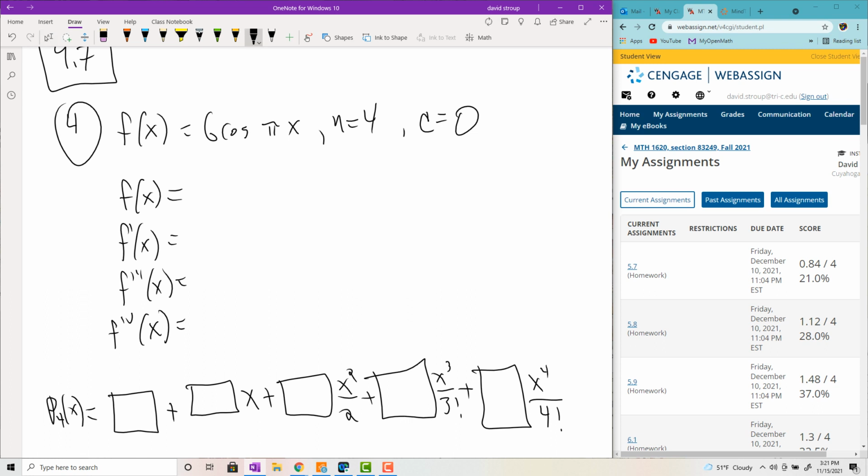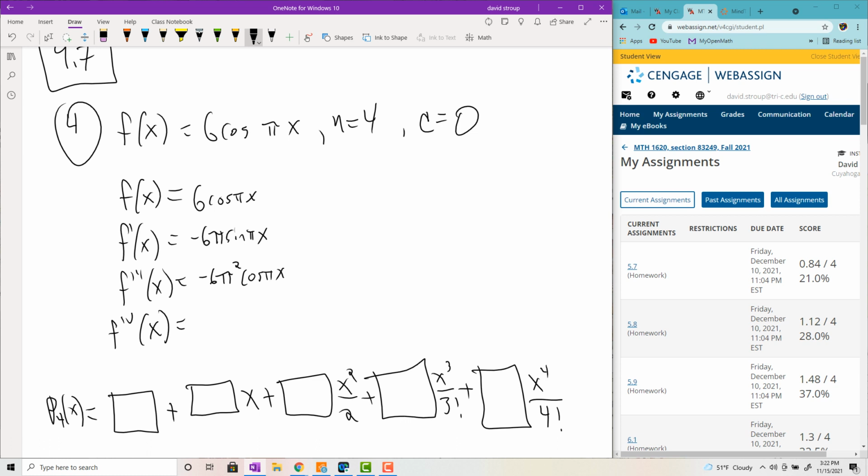Once we get to the series, though, you're going to need that summation series notation, so just be forewarned. Anyways, f of x is 6 cosine of pi x. The derivative is negative 6, chain rule, so there's a pi in there, sine of pi x. Next derivative, negative 6, another factor of pi, gives me pi squared, cosine of pi x.